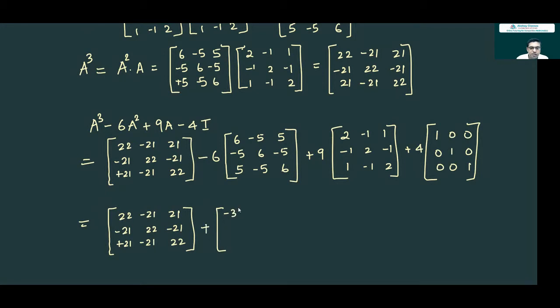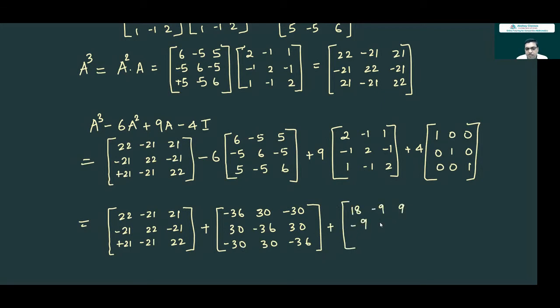Plus, I'm taking inside minus 36, 30, minus 30, 30, minus 36, 30, minus 30, plus 30, minus 36, plus 18, minus 9, 9, minus 9, 18, minus 9, 9, minus 9, 18.